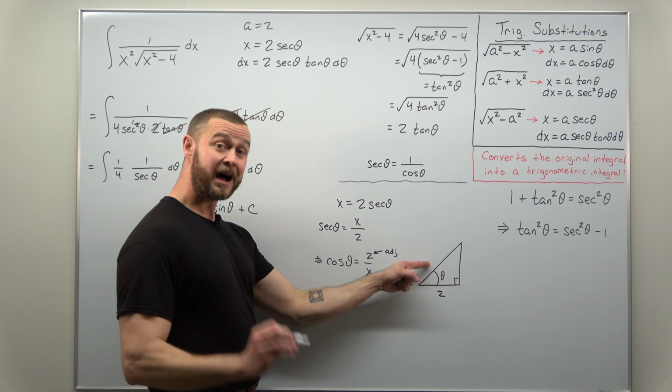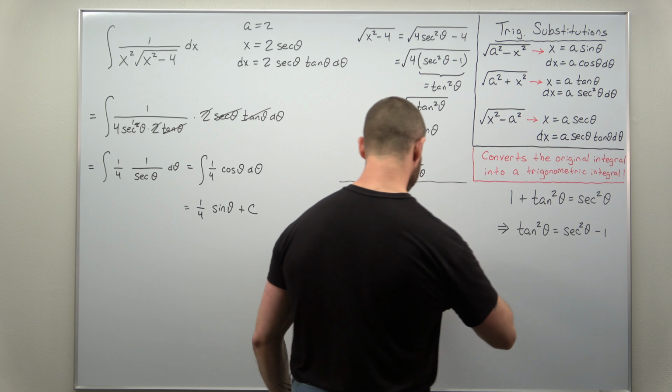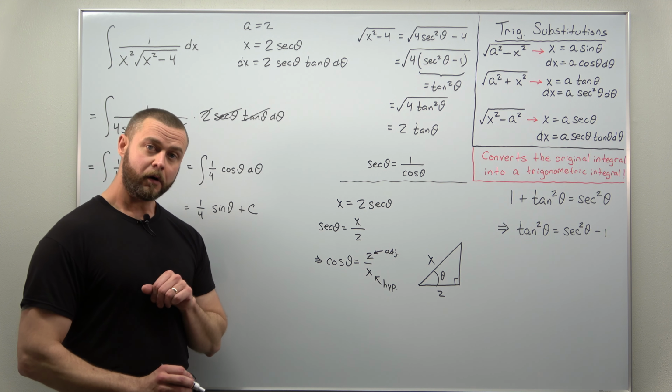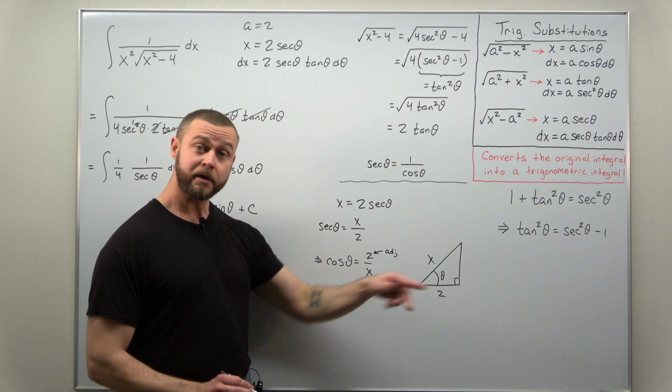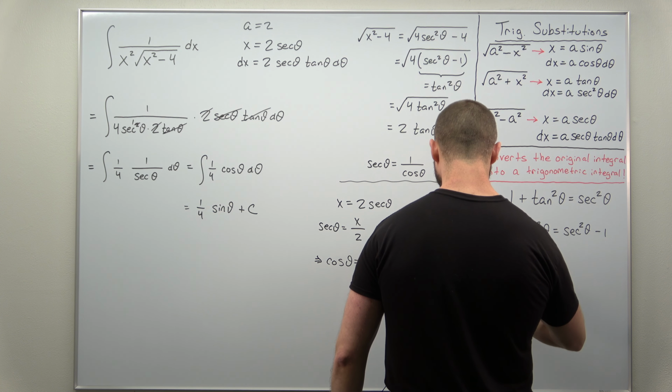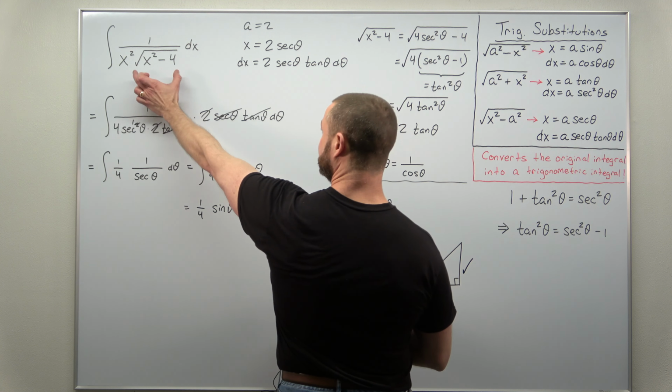And now it's the hypotenuse that is of length x. All right, we just need the third side, which you can work out using the Pythagorean theorem. And if you know the shortcut, it's always going to come out to be the radical expression from your original integral.